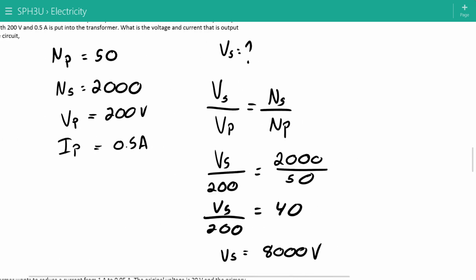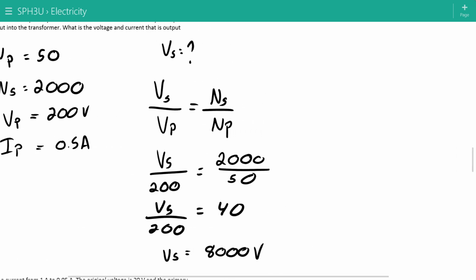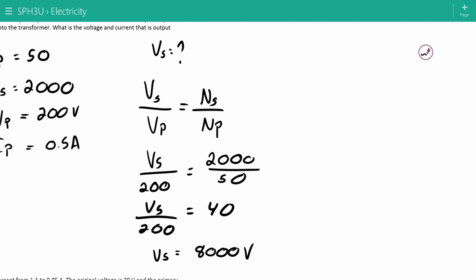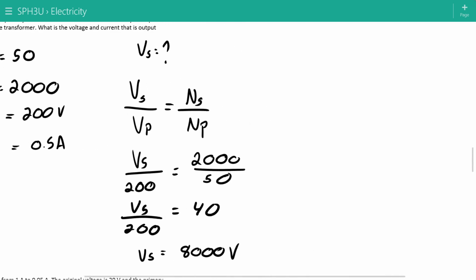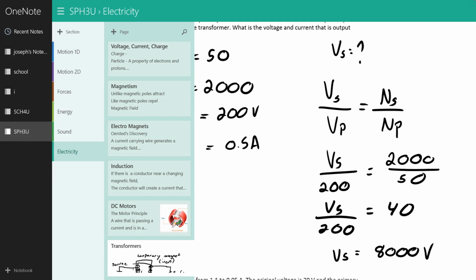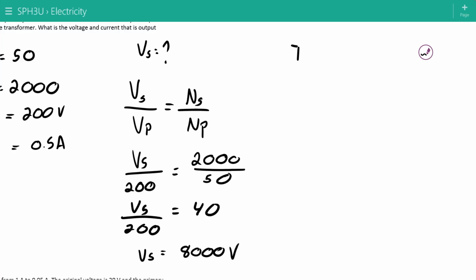So the other thing here is to look at the current. So remember what I said is that the current is inversely proportional to the voltage. Again, in my lazy habit, I'll put the thing that I'm looking for in the upper left. So if my secondary current goes on the upper left, then my secondary voltage must go on the bottom on the other side. Primary current is inverse with primary voltage.